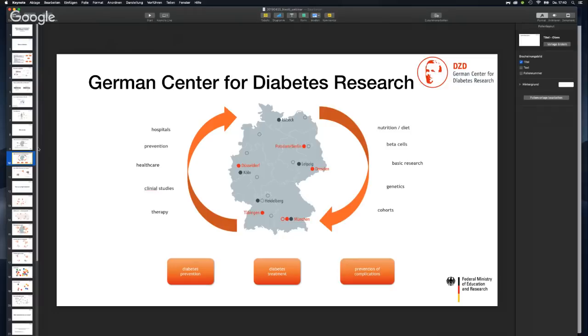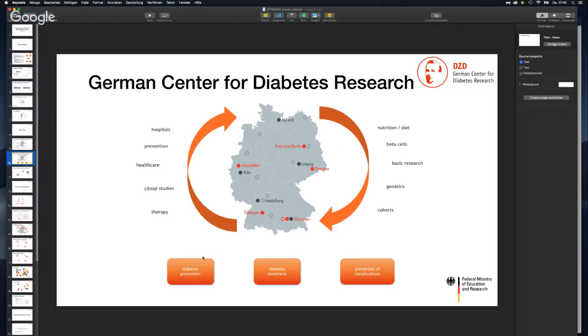We have clinical studies. We have data from cohorts where we just gather data from healthy people or other disease areas, and we try to find connections between these diseases. And our main goal is the prevention of diabetes.